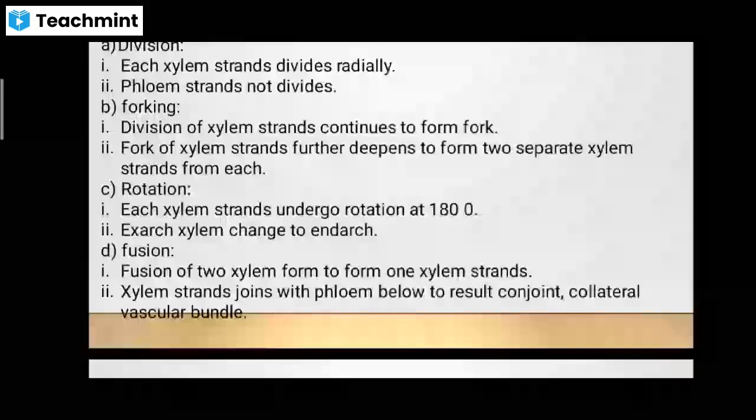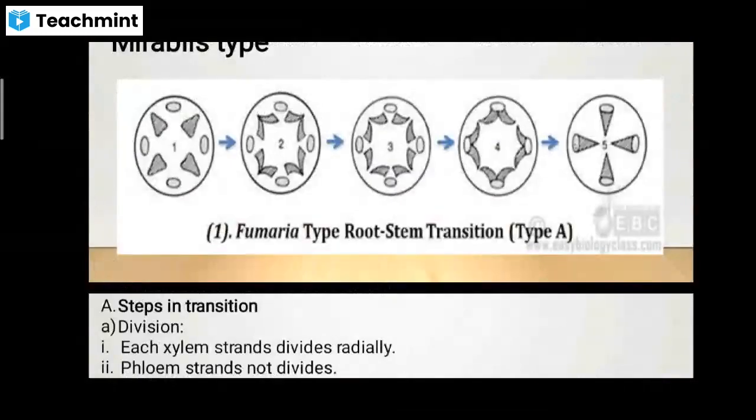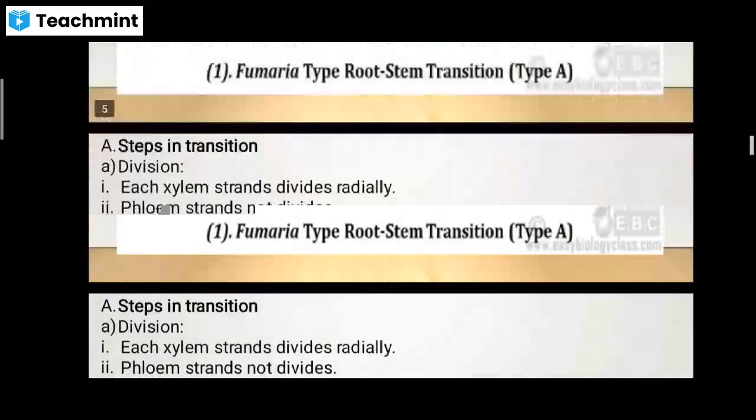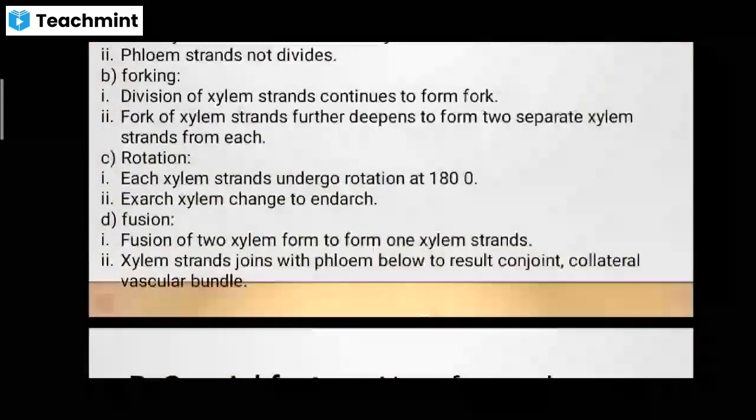So after this rotation, the xylem strands fuse and are attached to the phloem strands. The condition or position of the vascular bundles changes from radial to conjoint collateral.